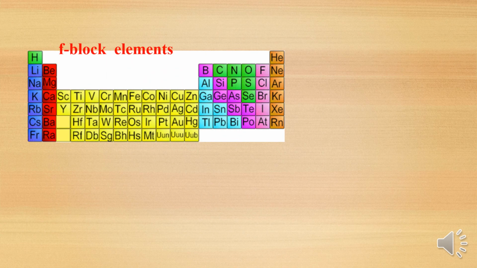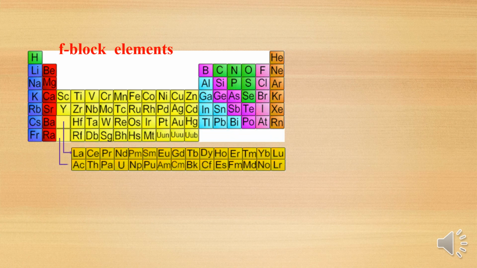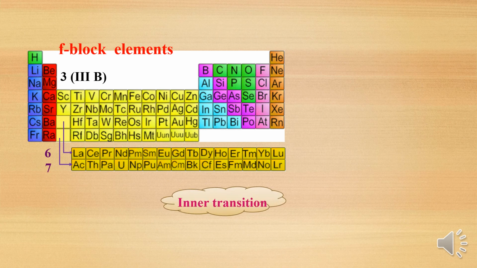In the periodic table, F block elements are kept separately at the bottom. After lanthanum 14 elements are there, and after actinium there are 14 elements. These are in the 6th period and 7th period. Already we know D block elements are called transition elements and F block elements are called inner transition elements.